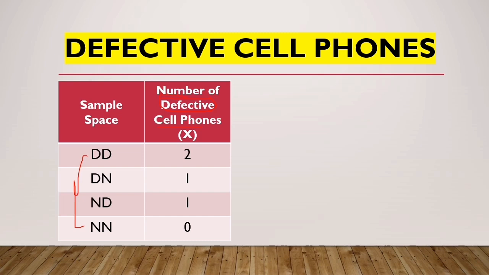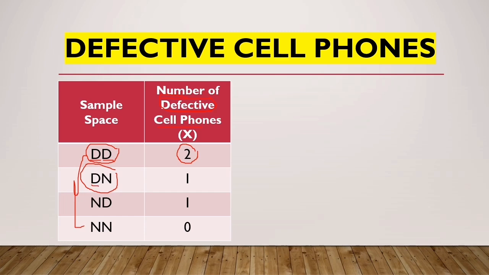Again, we have to count the number of defective cell phones from each outcome first. From our first outcome, how many defective cell phones are there? Of course, we have 2 defective cell phones. That's why we have here the value as 2. On the second outcome, how many defective cell phones do we have?